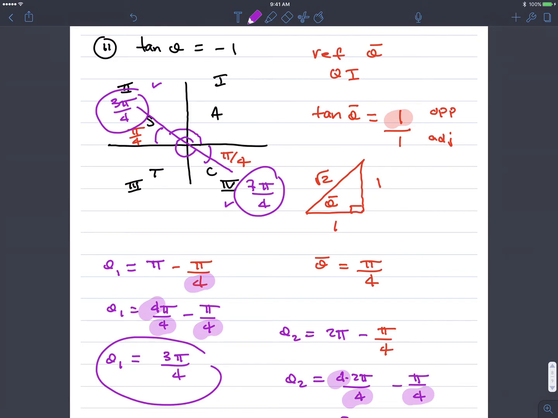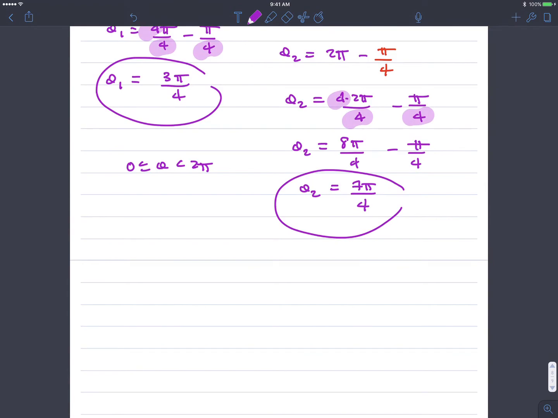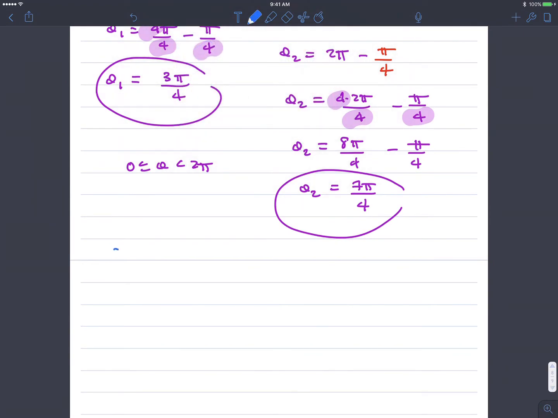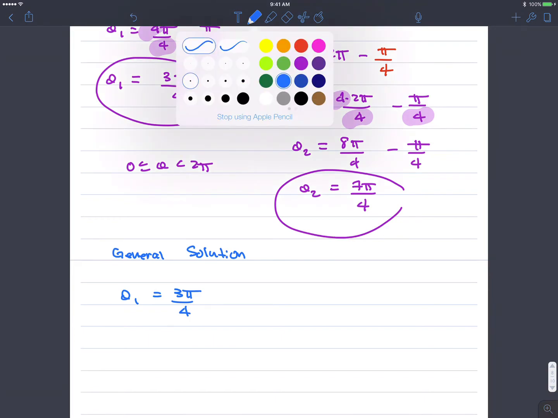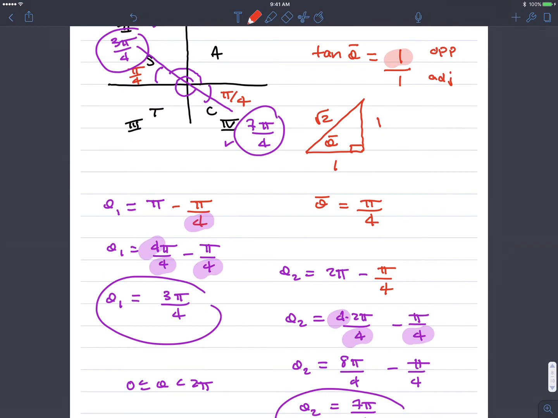And now what I want to say to you guys is when we talk about the general solution, I want you to notice something interesting here. If we go to the general solution, you could say the following: theta 1 is 3 pi over 4, and I want to get every coterminal angle to this first solution.